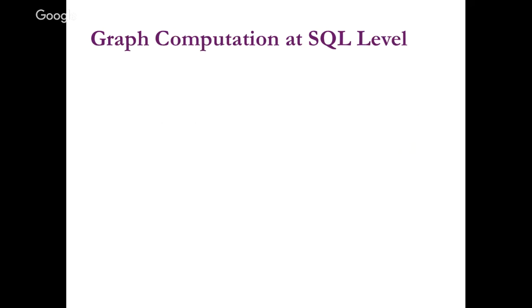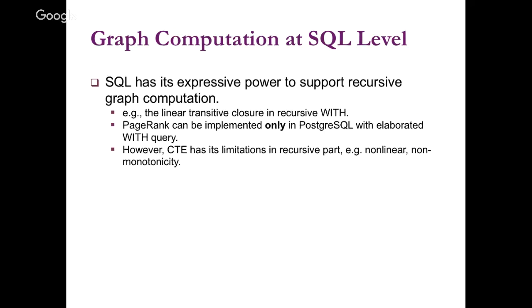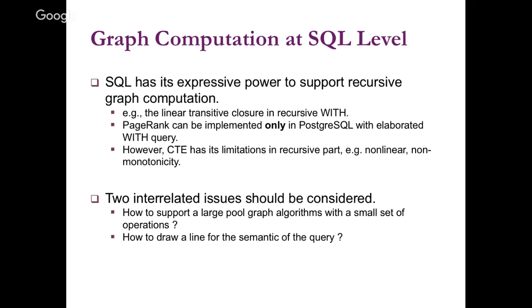So far, we have found SQL has the power to support some recursive graph computation, such as the linear transitive closure. However, it also has many limitations in the recursive part, such as nonlinearity and non-monotonicity. So this motivates us to find a solution in which two interrelated issues should be considered.